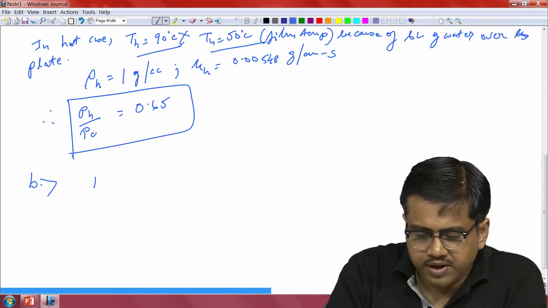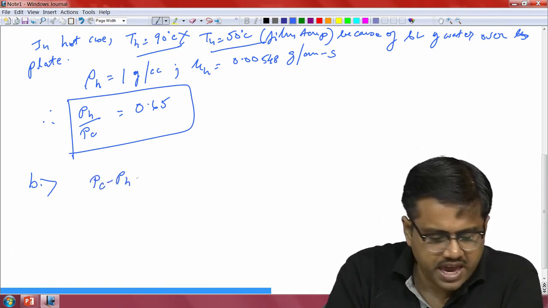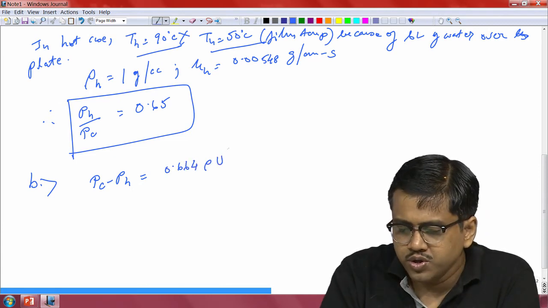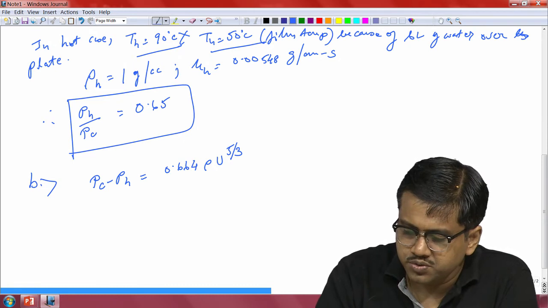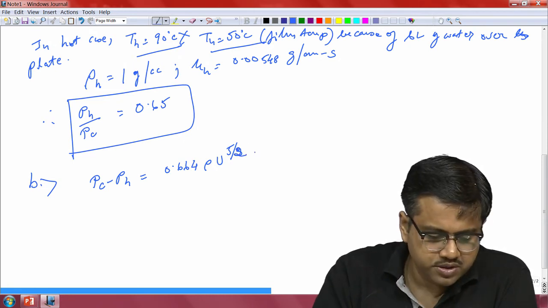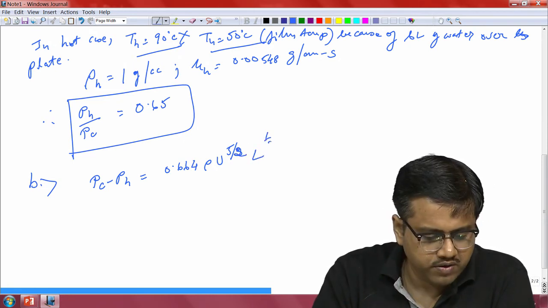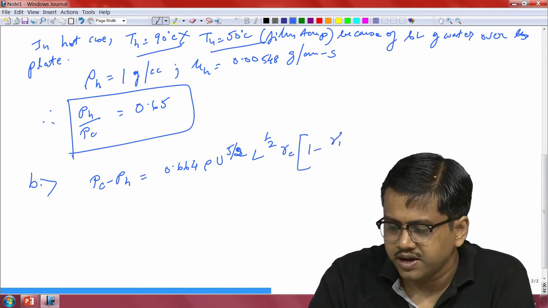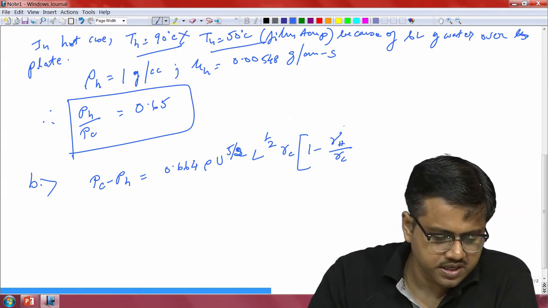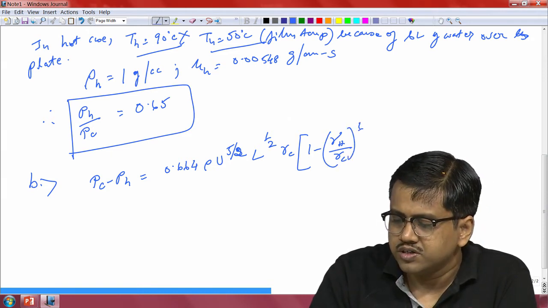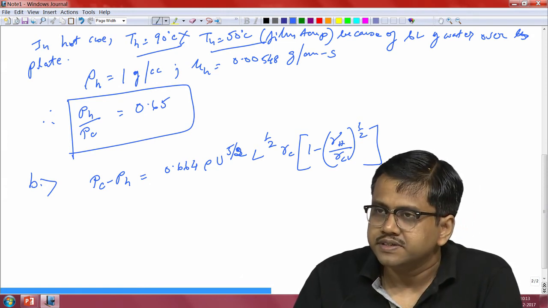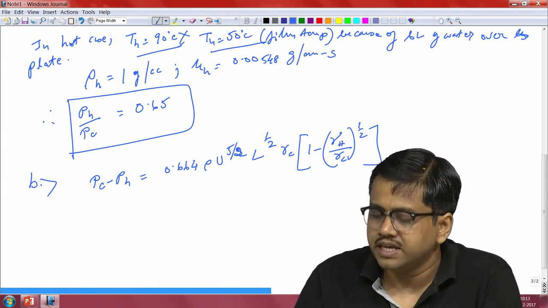So, we have to find Pc minus Ph, which is 0.664 rho U^(5/2) L^(1/2) times gamma_c, times (1 minus gamma_h by gamma_c) raised to the power of half. That is the power that is spent.